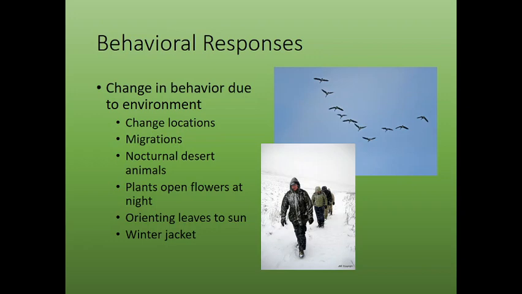Plants will sometimes change the orientation of their leaves so they're picking up the most amount of sun. You don't really think of plants as having behavior, but they definitely do. All these things are changing their behavior in response to some stimulus, so that they can increase their own health benefits or whatever.